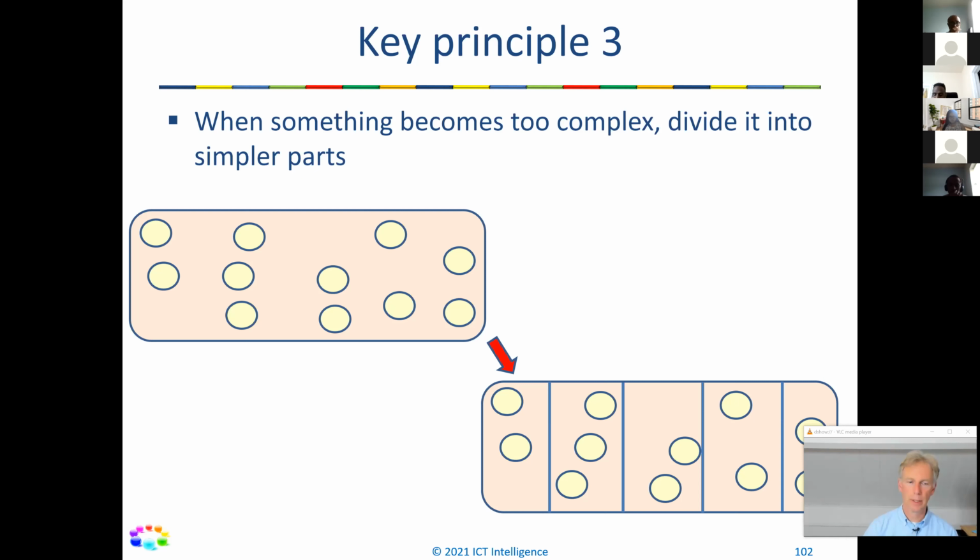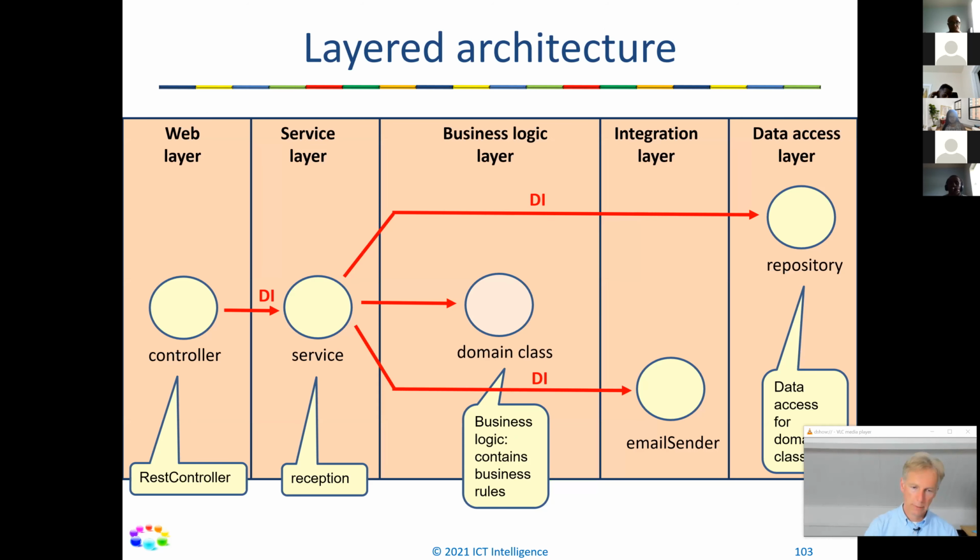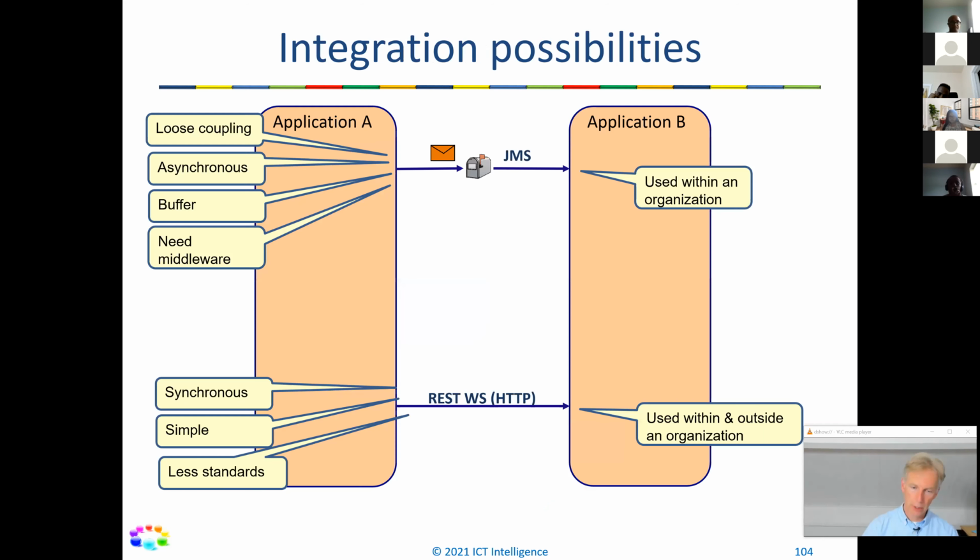Instead of one big large thing, we put it nicely in layers. And we looked at dependency injection and how it all works in Spring Boot. Also, integration. Typically you use either messaging or REST. It's the best practice.